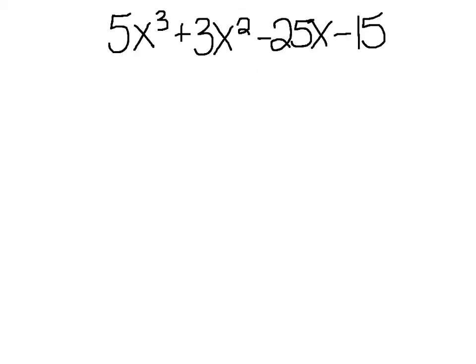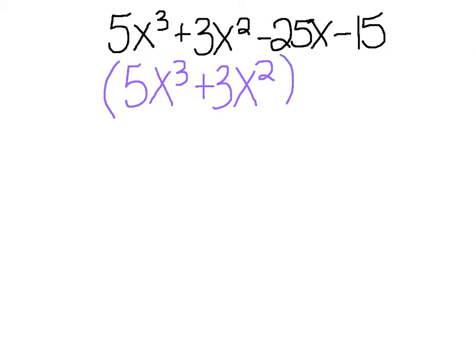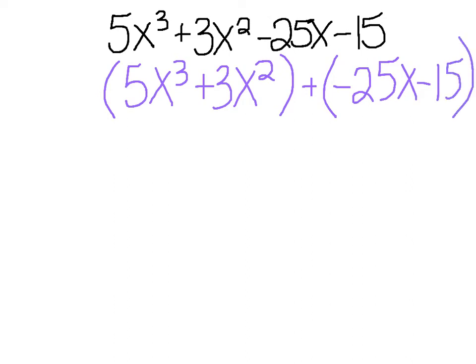All right, looking at one more example, we have 5x cubed plus 3x squared minus 25x minus 15. So I can see right now I'm going to put them into two binomials, 5x cubed plus 3x squared plus negative 25x minus 15. I can see that I have a GCF in both, but the point I want to make is sometimes you might not, and it's okay to switch the order of these two terms if it helps you.